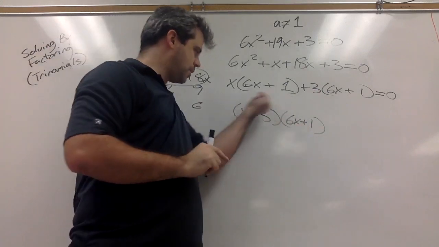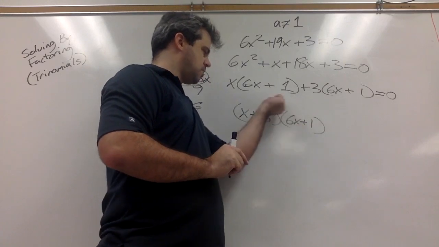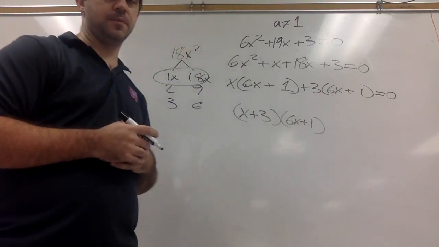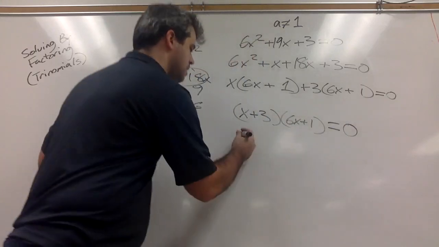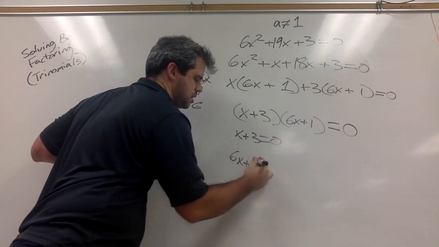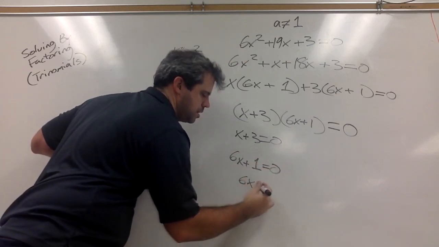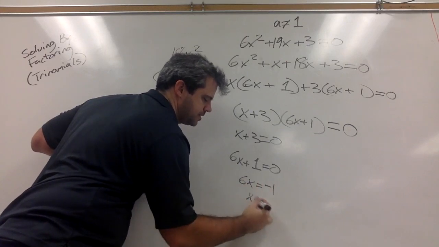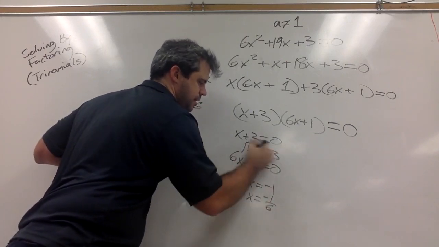So that's what would happen here. 6x plus 1 would be distributed to x. 6x plus 1 would be distributed to 3. So we know we factored that correctly. Set it equal to 0. So x equals negative 1/6, and x equals negative 3.